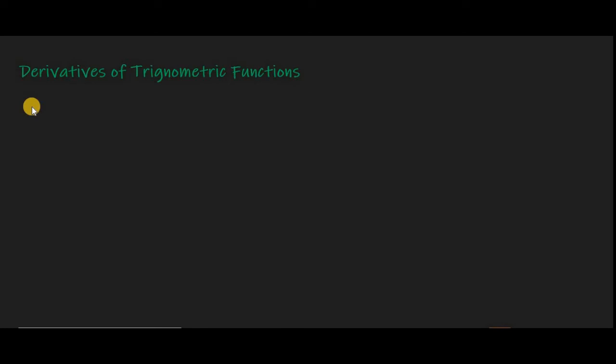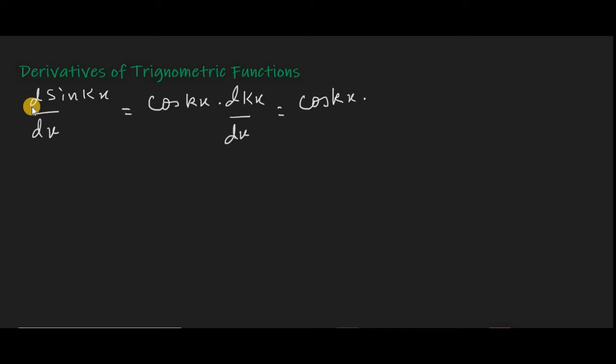So the derivative first, d by dx of sine kx is equal to cos kx into the derivative of the angle kx. So we get cos kx into k because the derivative of x is 1.